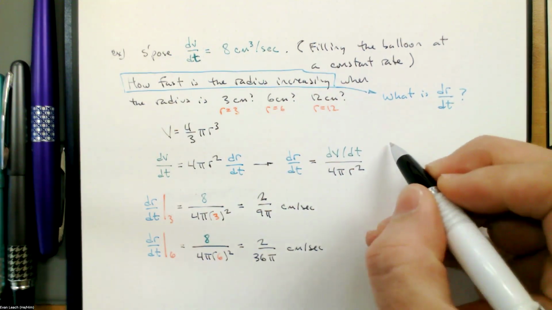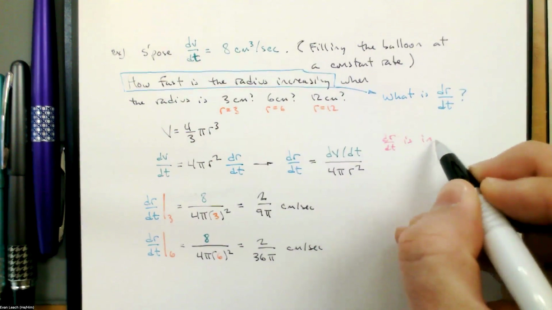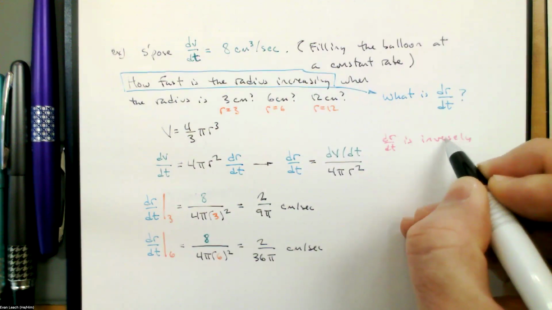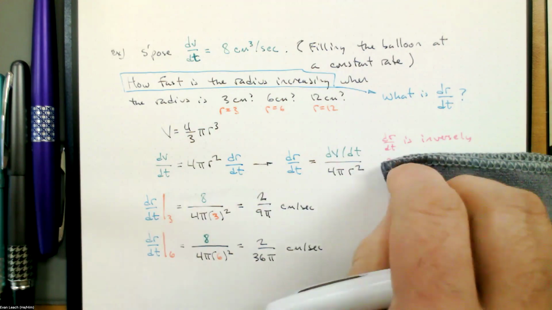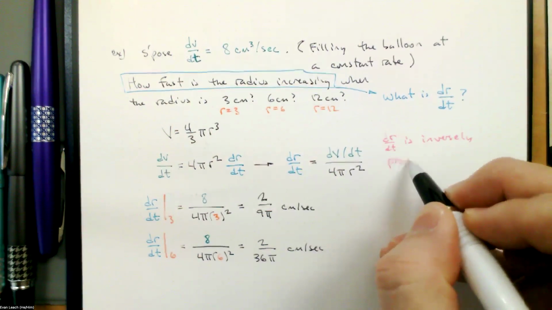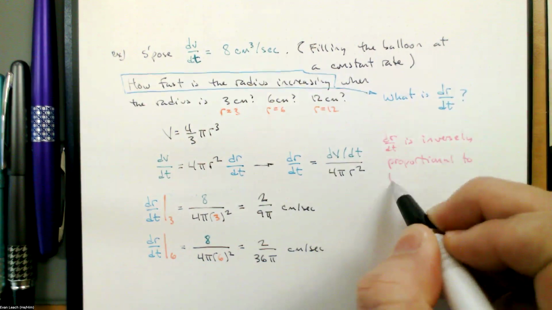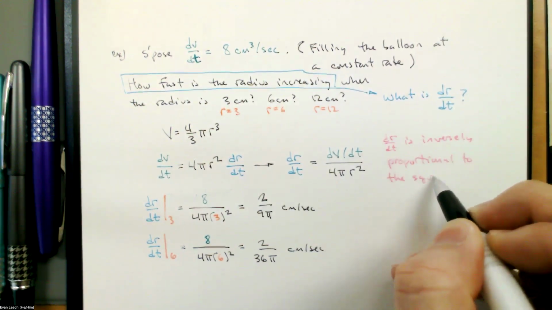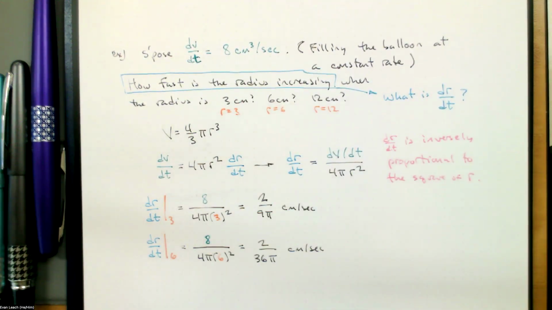dr/dt is inversely proportional to the square of r. dr/dt is some constant divided by r squared, inversely proportional to the square.